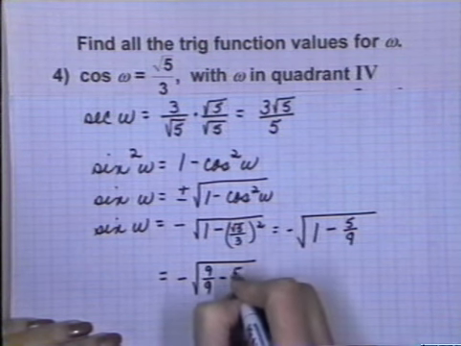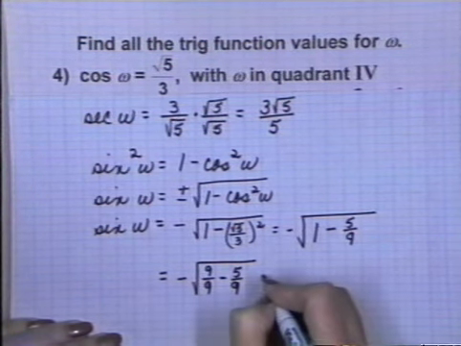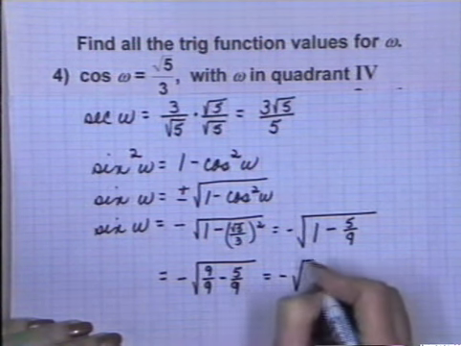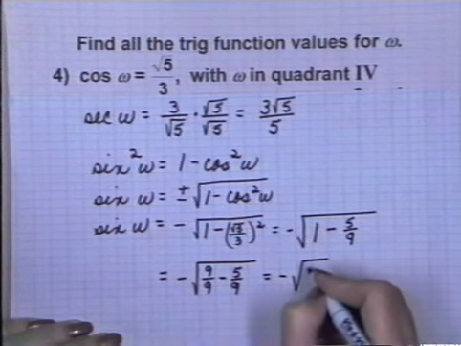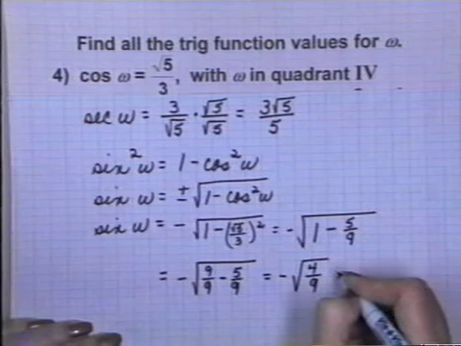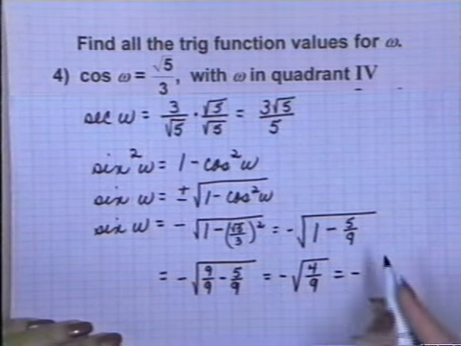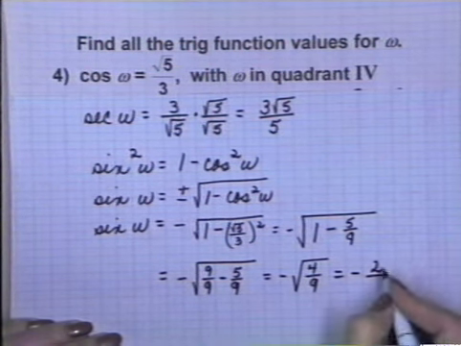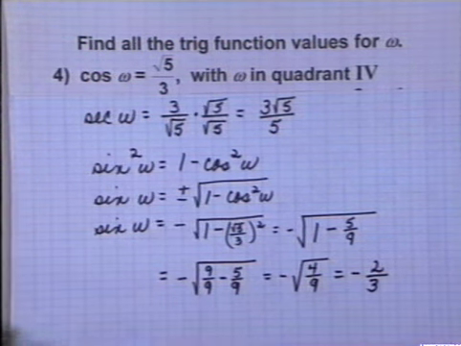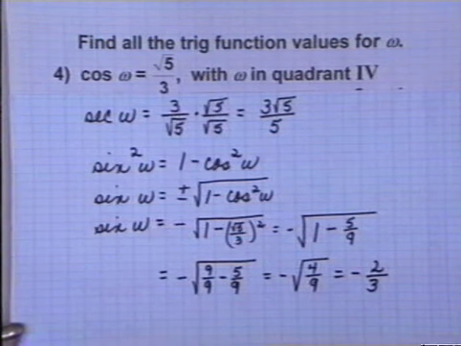We'll subtract from that 5 ninths, and we will get our minus 4 ninths, and then the square root of 4 is 2, and the square root of 9 is 3. So we get the sine of omega is negative 2/3.